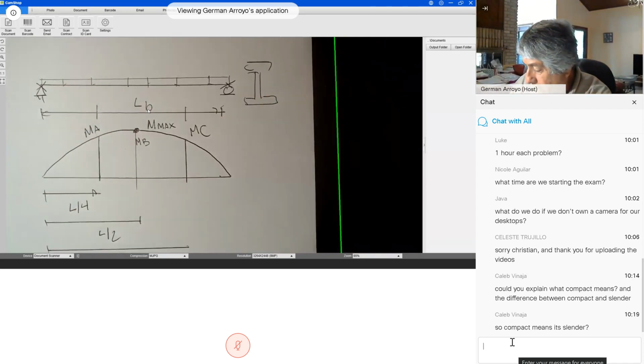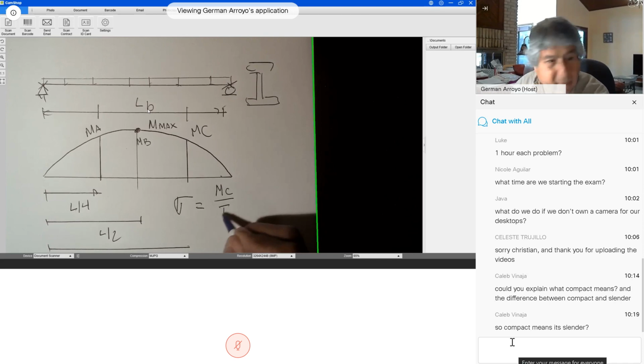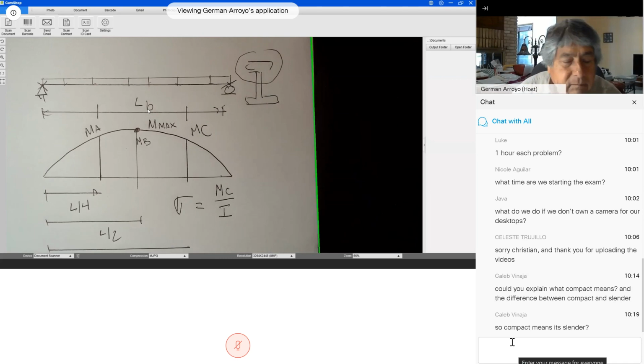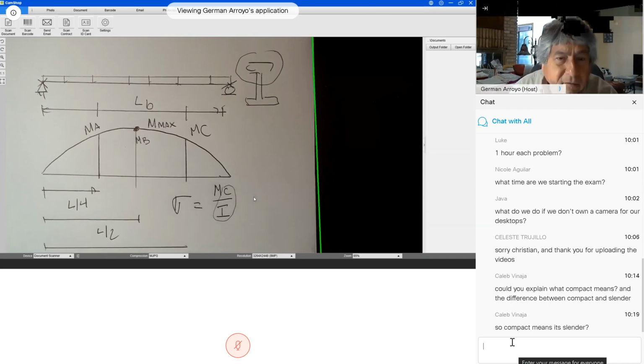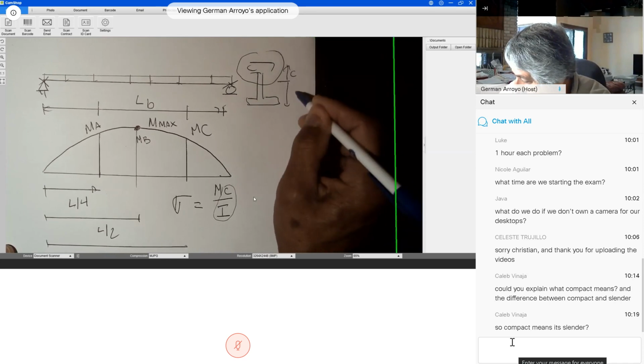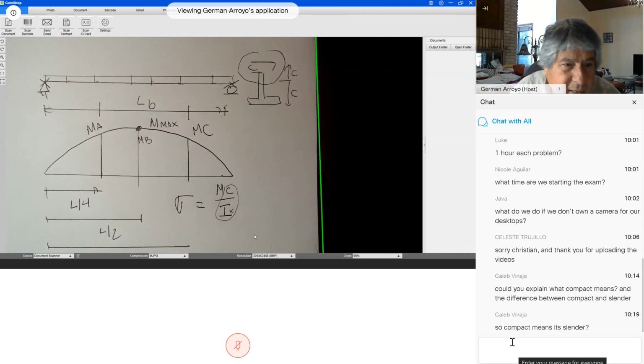And the bending stress from mechanics of materials is Mc over I. This is a compression flange, on top of the beam. If you look at this formula, the I and the c are constant, because we have this value in here, the c, and we have this c also. The values are constant. I is the moment of inertia about the x-axis.